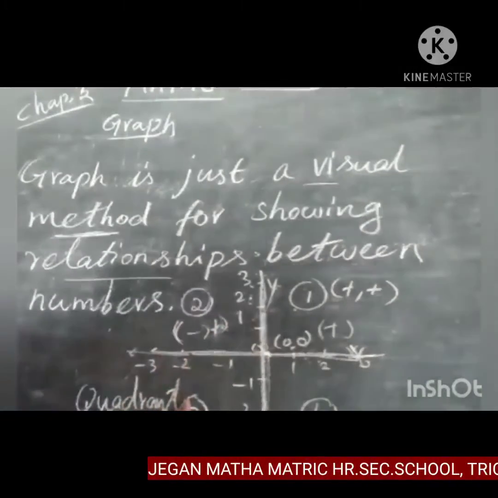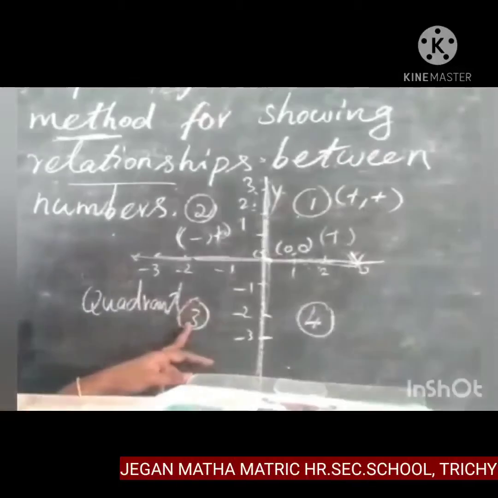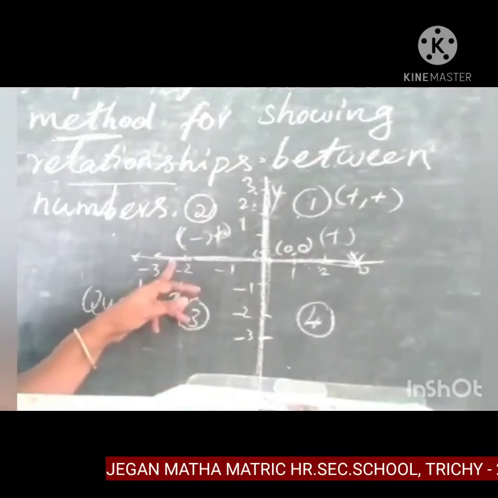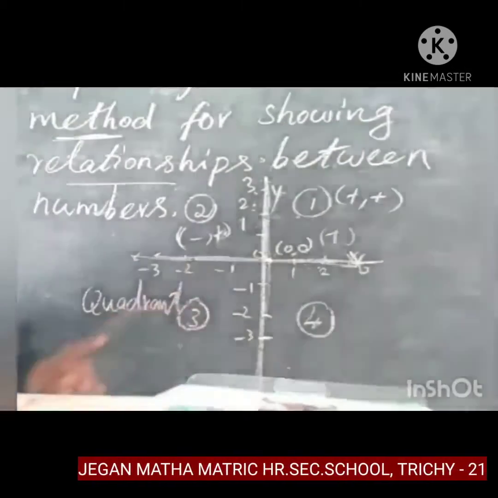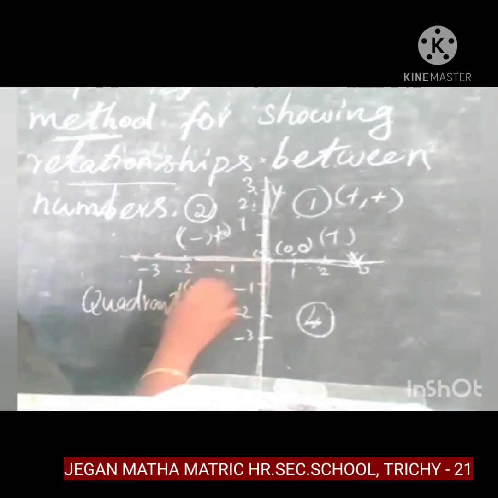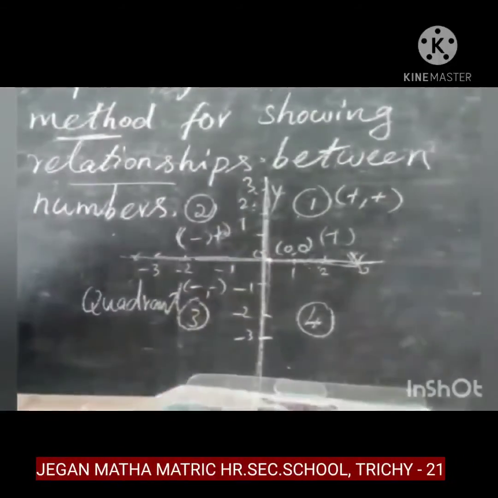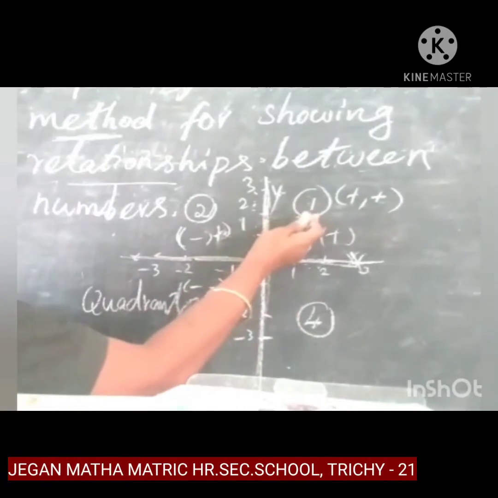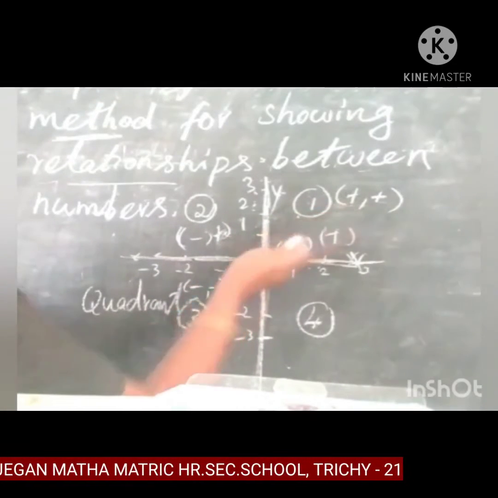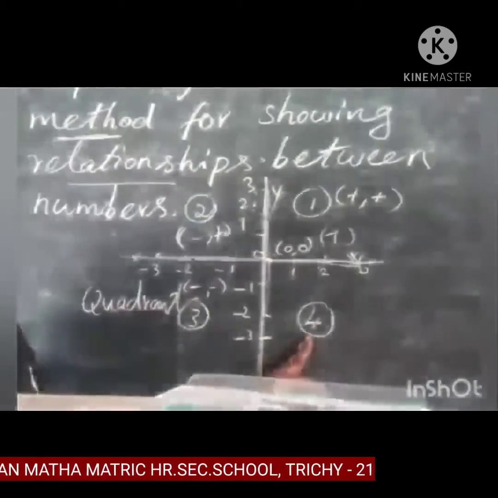Now let us see the third quadrant. In the third quadrant, both the x-axis and y-axis have only negative numbers, minus numbers. It is just the opposite of the first quadrant: in the first quadrant both are positive, in the third quadrant both are negative. Now let us see the fourth quadrant.